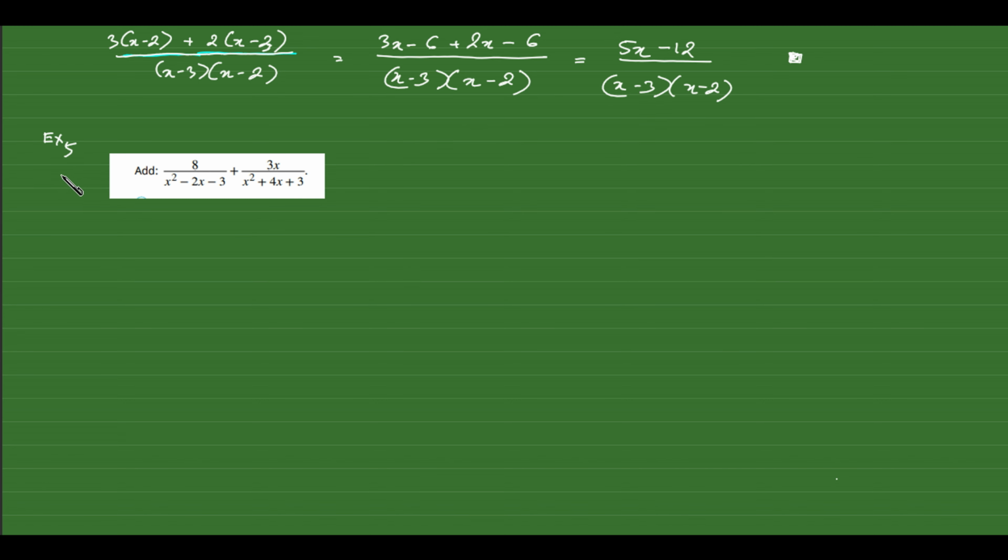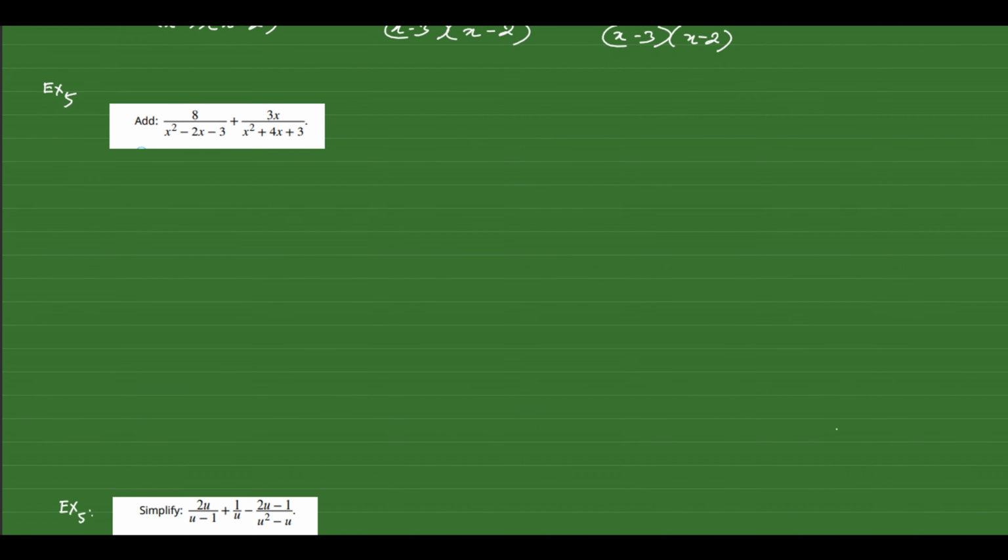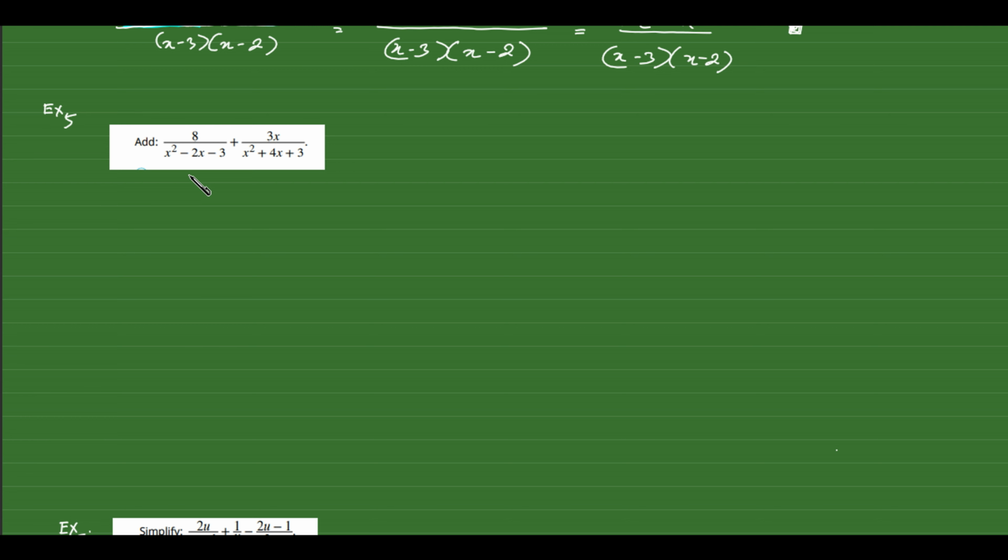Now let's take a look at the example number 5 here. In this example, you see that again the denominator is also different, and this is trinomial. So the best way to start is you always have to factor the trinomial.